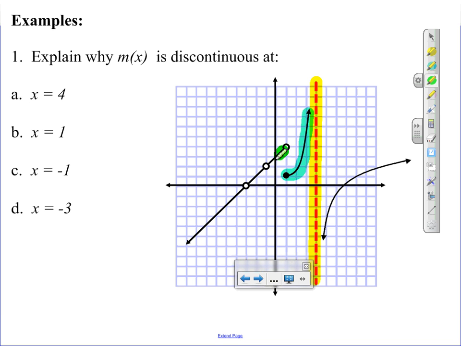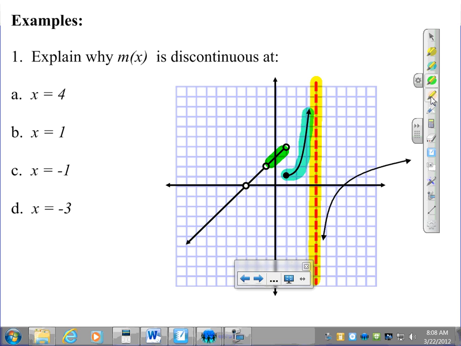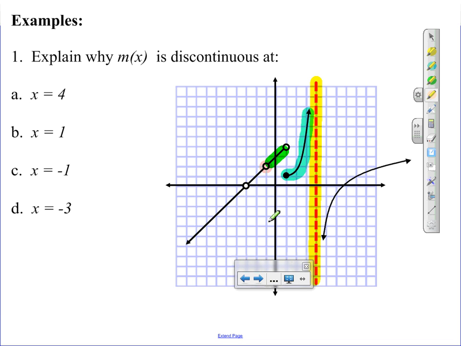On the other side it's linear, and they don't come to the same place. There's no limit at 1, so it is not continuous, and that would be a jump discontinuity. At -1, we have a hole, which is a removable discontinuity. And at -3, there's another hole, which would be a removable discontinuity. It's not continuous because although the limit exists, the function is not defined at that point.